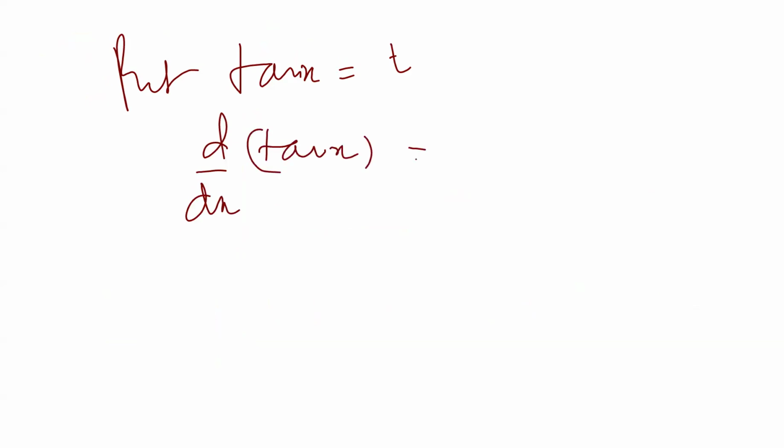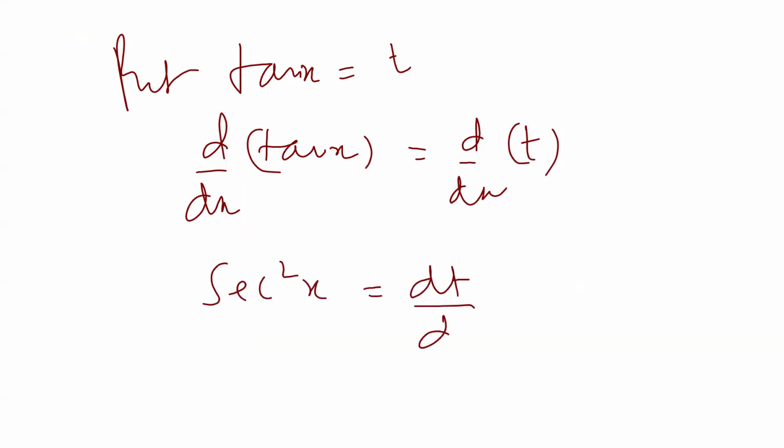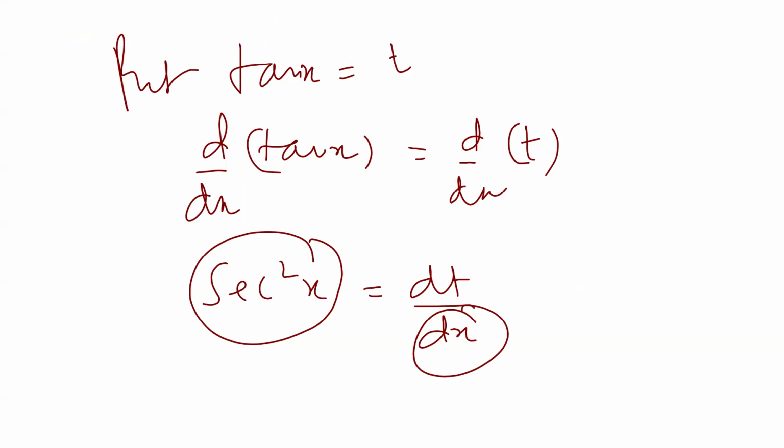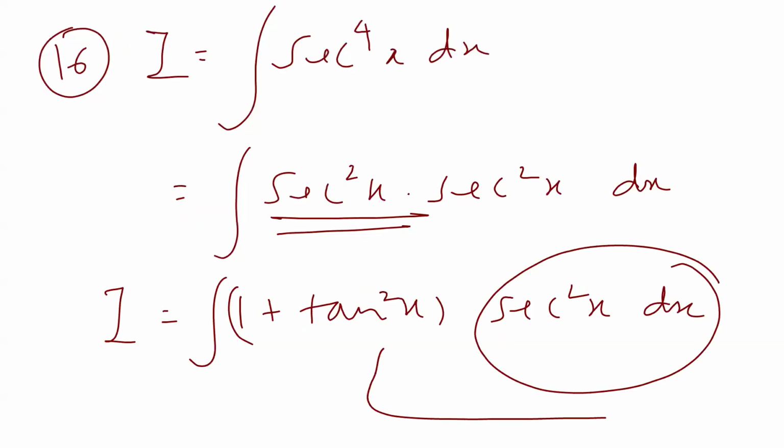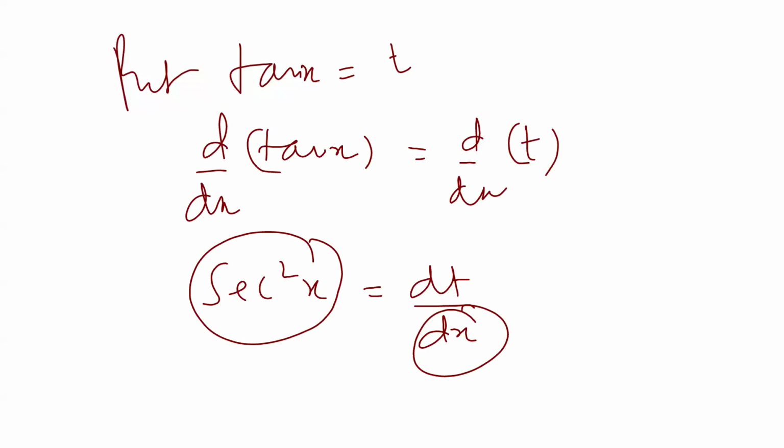So put tan x is equal to t. d/dx of tan x is d/dx of t. So sec square x is dt by dx. So sec square x dx, we'll club this too. Sec square x dx is dt.